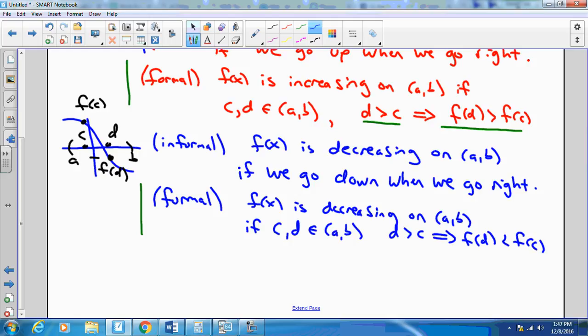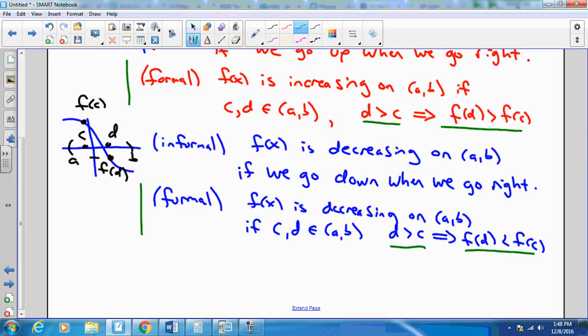Now, in my other class, Bev Kimball asked a really good question, which was, shouldn't both of these be reversed? But actually, no. What we're saying is, if we go right, in other words, if d is bigger than c, then we go down. What happens if I reverse both of those inequalities?